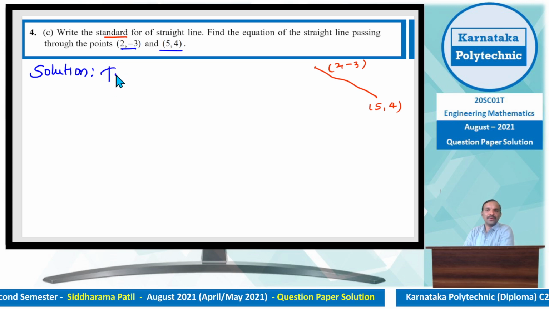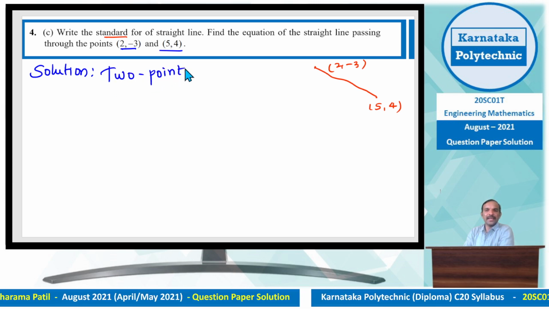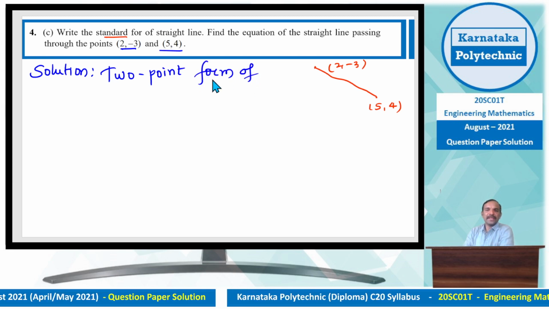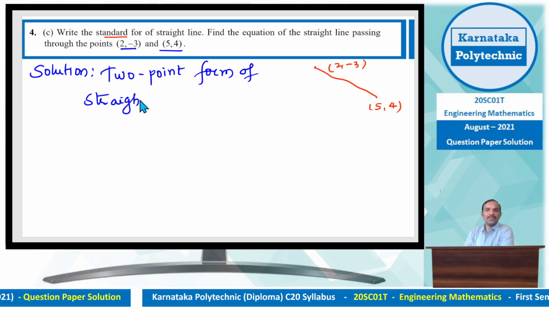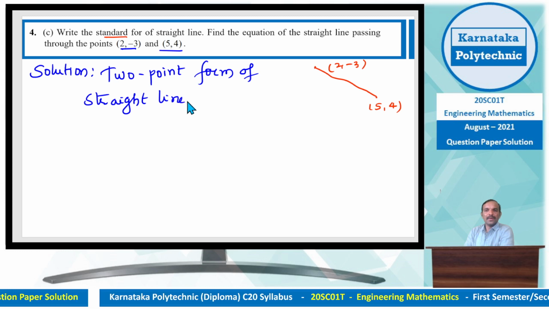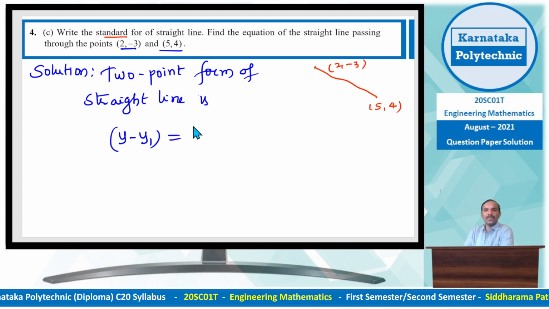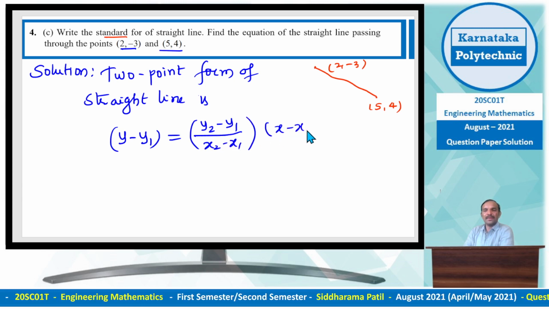Two point form of straight line is y minus y1 equal to y2 minus y1 divided by x2 minus x1 into x minus x1.